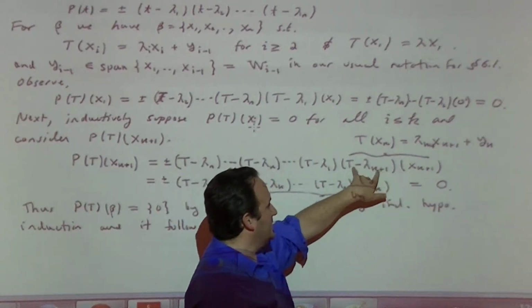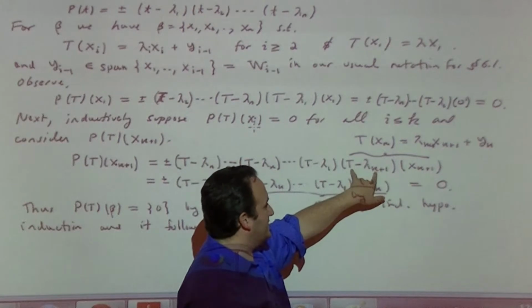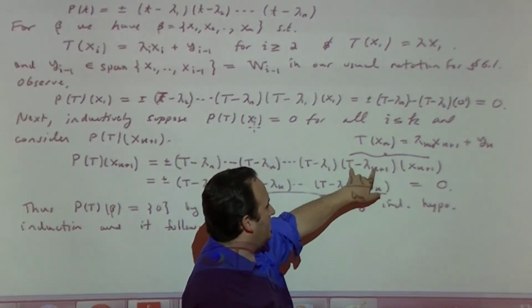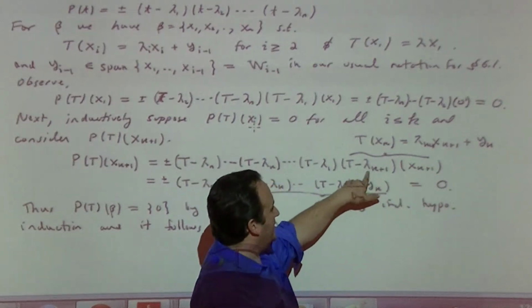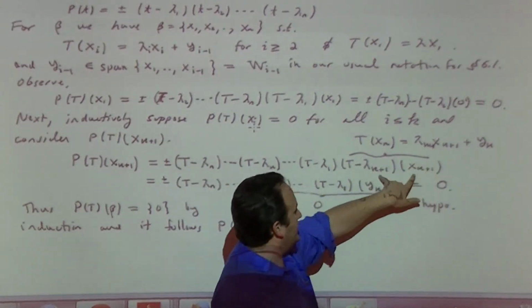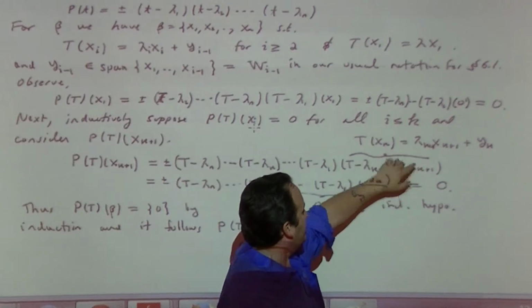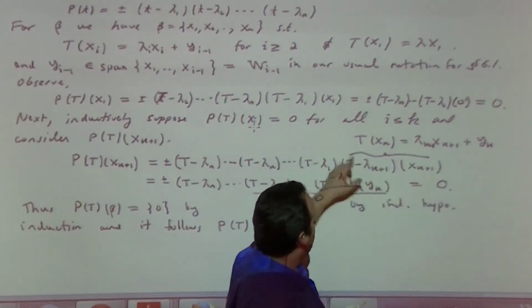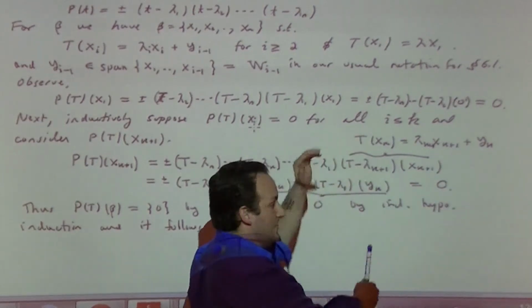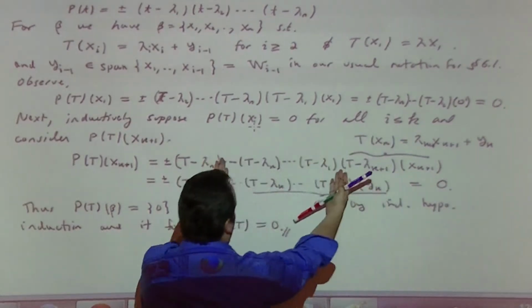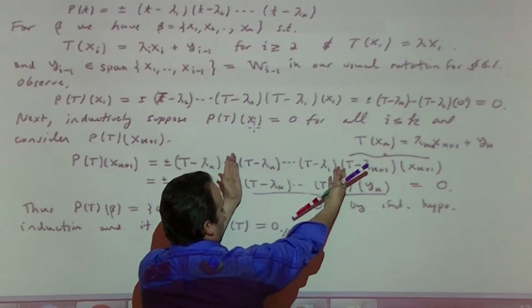When that hits x k plus 1, by construction of the basis, T of x k plus 1 gives me lambda x k plus 1 plus yk, right? So then this piece cancels with that piece. And I'm just left, after the first evaluation, with yk. So I'm feeding yk into the product T minus lambda 1 all the way down to T minus lambda k, right?